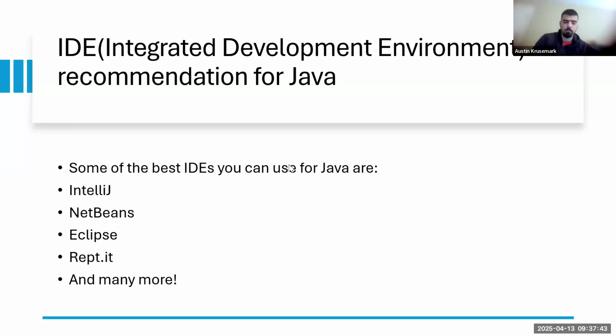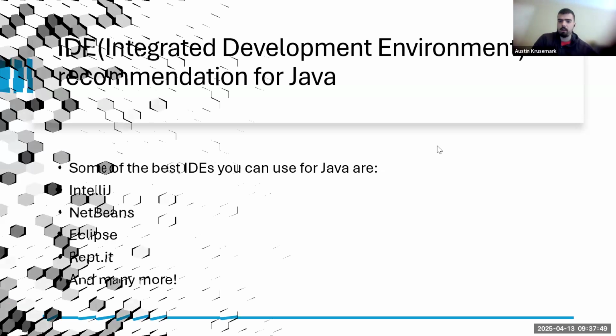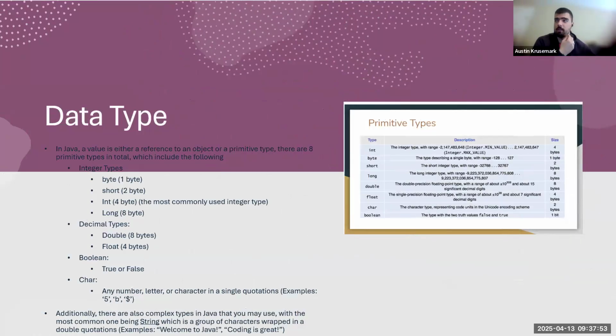In Java, there are 8 primitive data types, and there's also a complex type that I will be using throughout the session. The first 4 primitive data types are integer types, and from smallest to largest, they are byte, short, int, long.